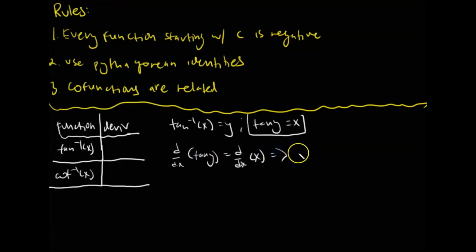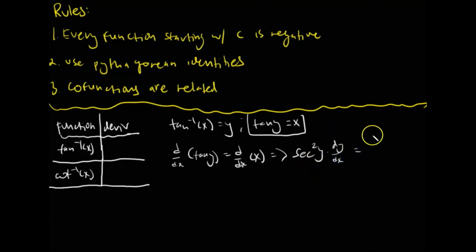We should be pretty familiar with implicit differentiation right now, so I'm going to kind of rush through this. But tangent y, that's just secant squared y. We learned that a couple videos ago and reiterated it a couple minutes ago. And then because this derivative is with respect to x and we have a function of y, we need that dy dx term at the end.